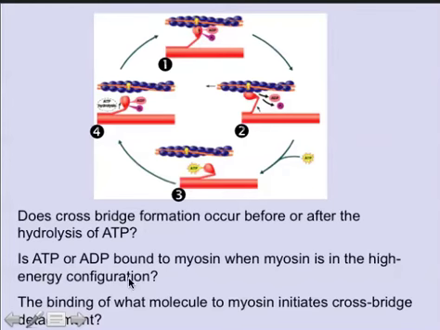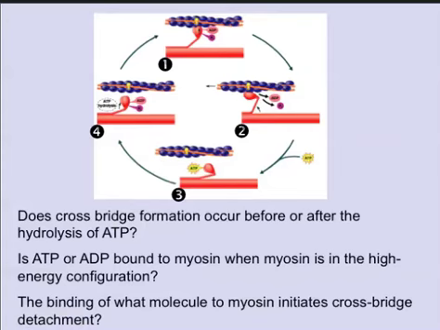Next question, is ATP or ADP bound to myosin when myosin is in the high energy configuration? And the answer is ADP, okay? Once we activate now the head, the energy is transferred from the ATP to the head, and now the head can seek out the myosin binding site.